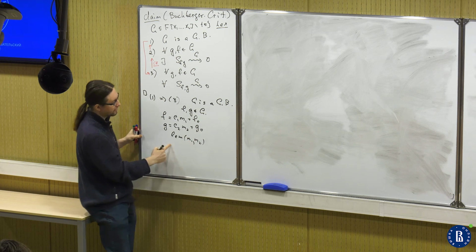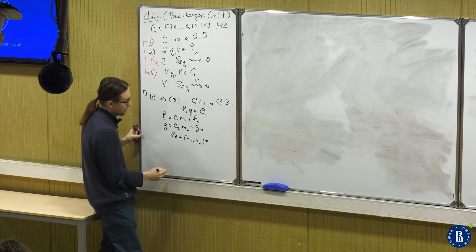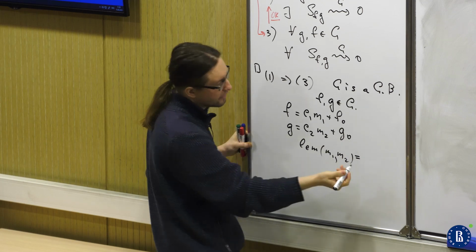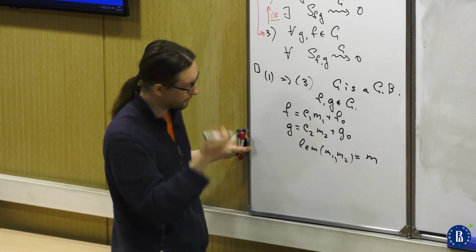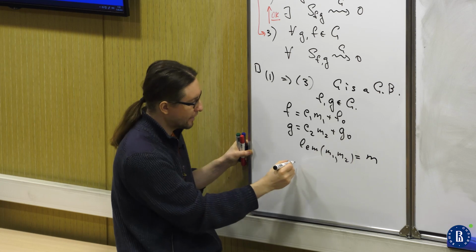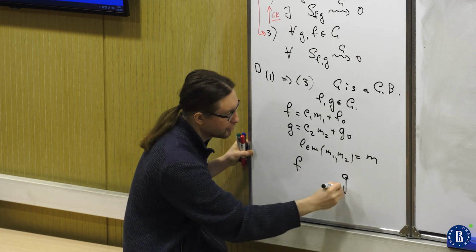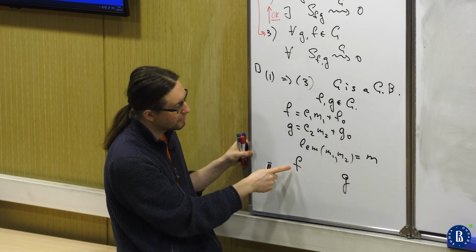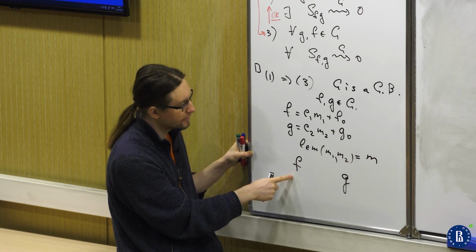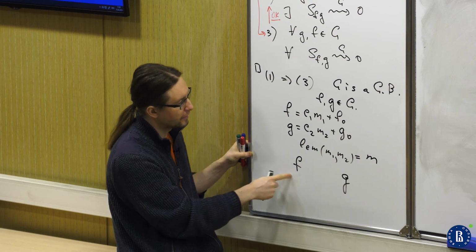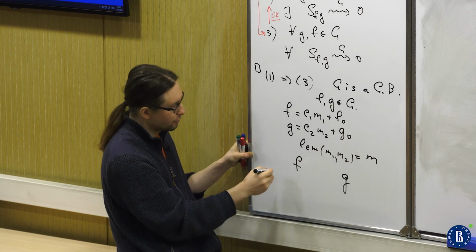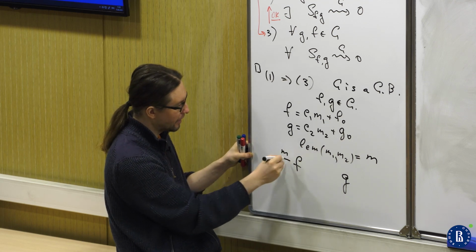Then we can represent the least common multiple as, OK, let's denote it by M, actually. Now, we take F, and we take G. Now we want to multiply F by a monomial in such a way that the leading monomial becomes M. So we should multiply by M over M1.